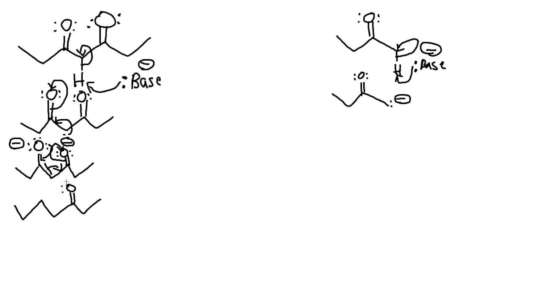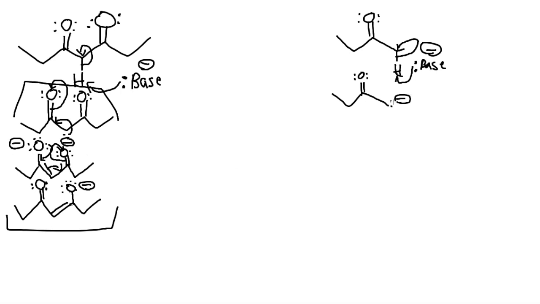Now this oxygen has three lone pairs, giving a negative charge. There's a single bond, and this oxygen goes back to normal, two lone pairs, with a double bond right here. So in total, there are three resonance structures. The top one does not count.